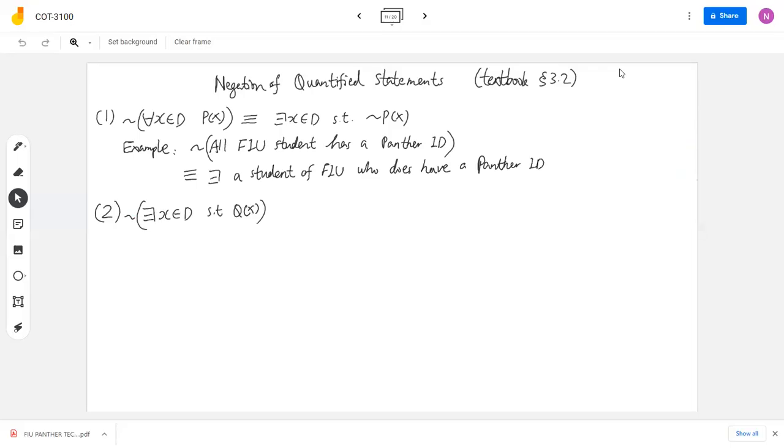This is saying that there exists an x such that Q(x) is true. So the negation will be for all x in D, Q(x) is not true, right? So the negation is for all x in D, not Q(x).